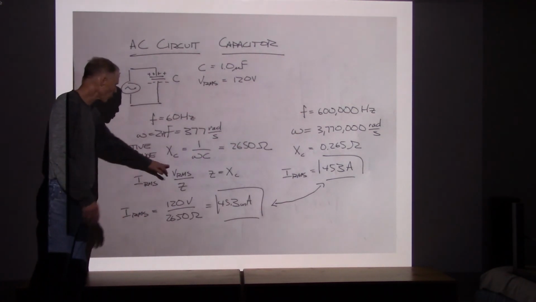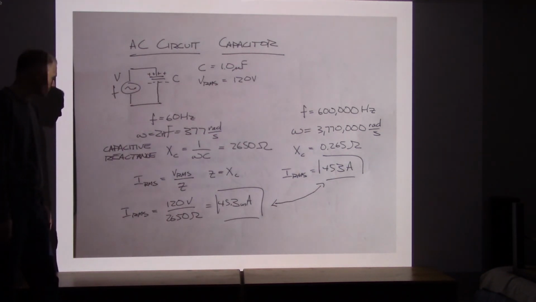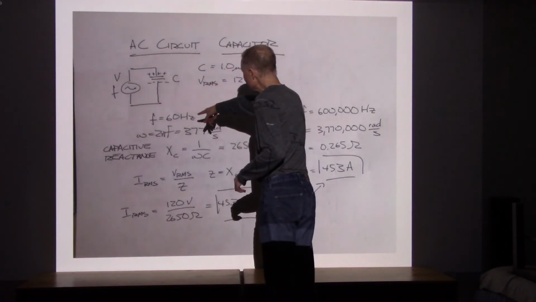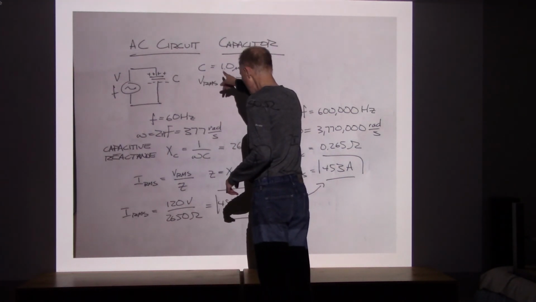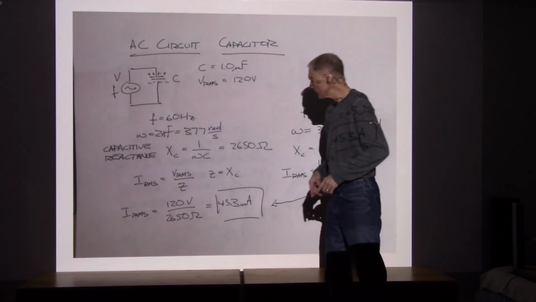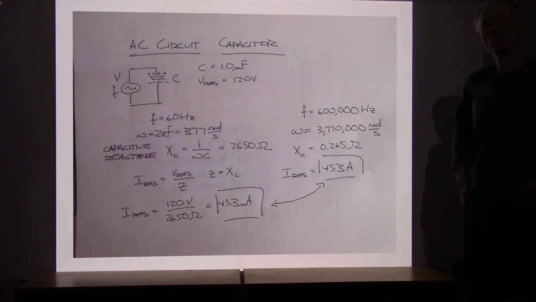And same as before, I can take the voltage, divide through by the impedance, and that says that at a frequency of 60 hertz, this circuit will have 45.3 milliamps of current.